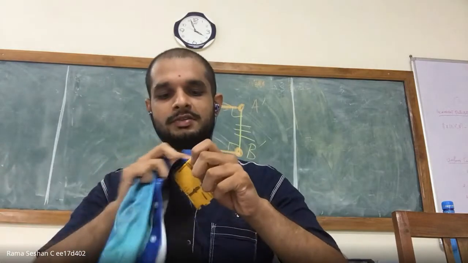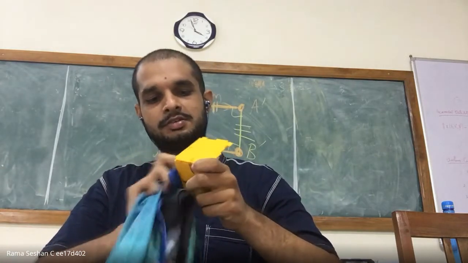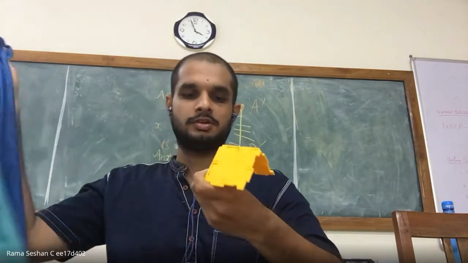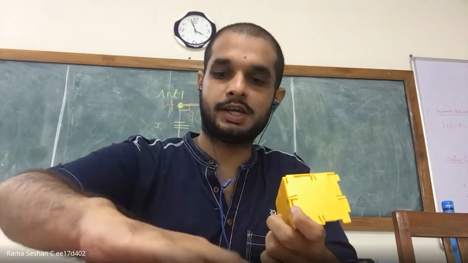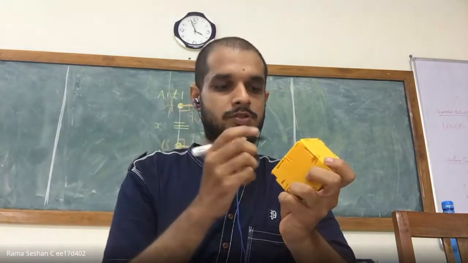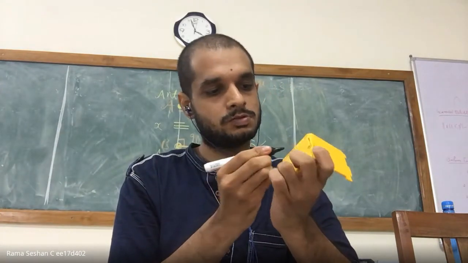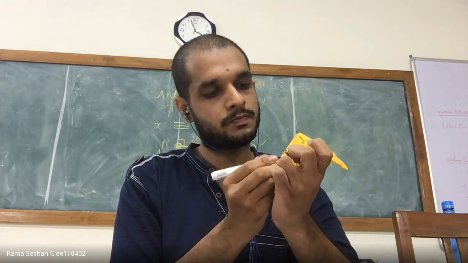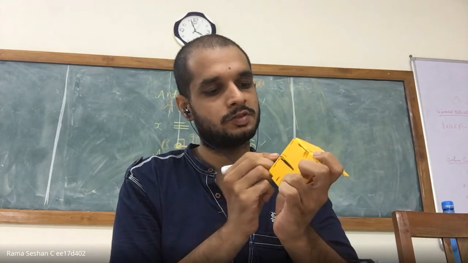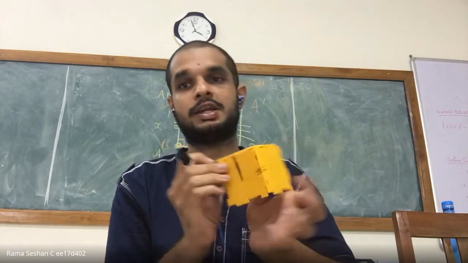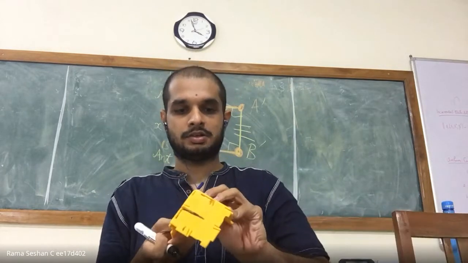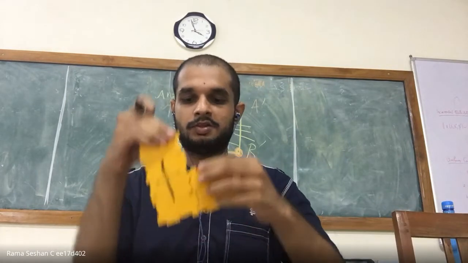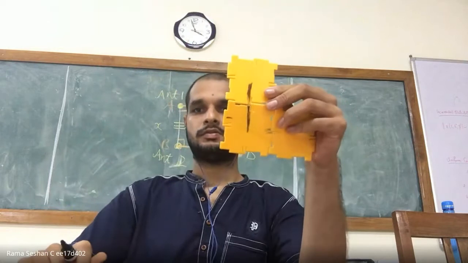Some funny things will happen which you never expected. So I'll draw the straight line again. The black line is the vertical line. So I unbend this. So this is the vertical black line.